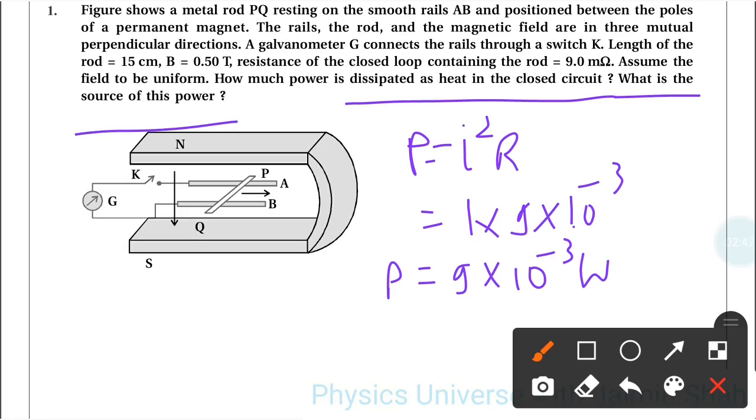The source of that power is the external agent. The external agent's power is dissipated as heat. So whatever power we get, 50% we can use and 50% we can't use.